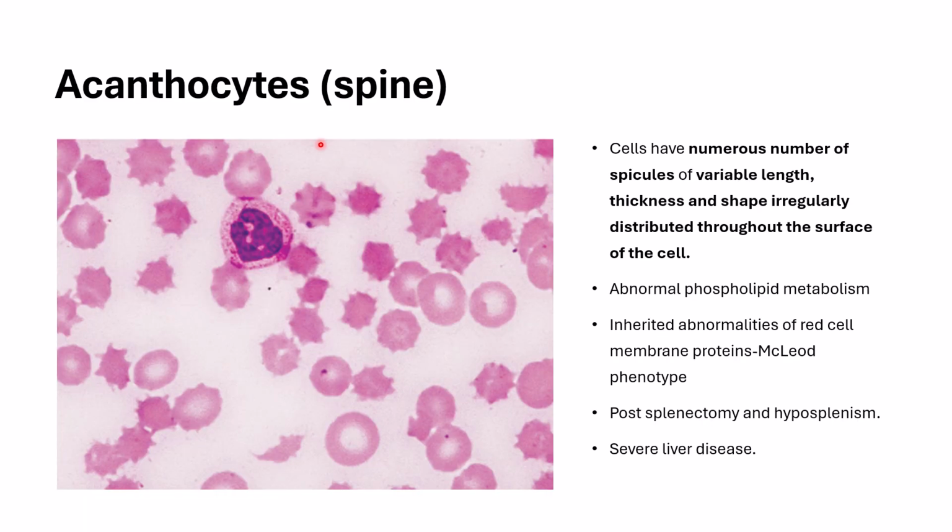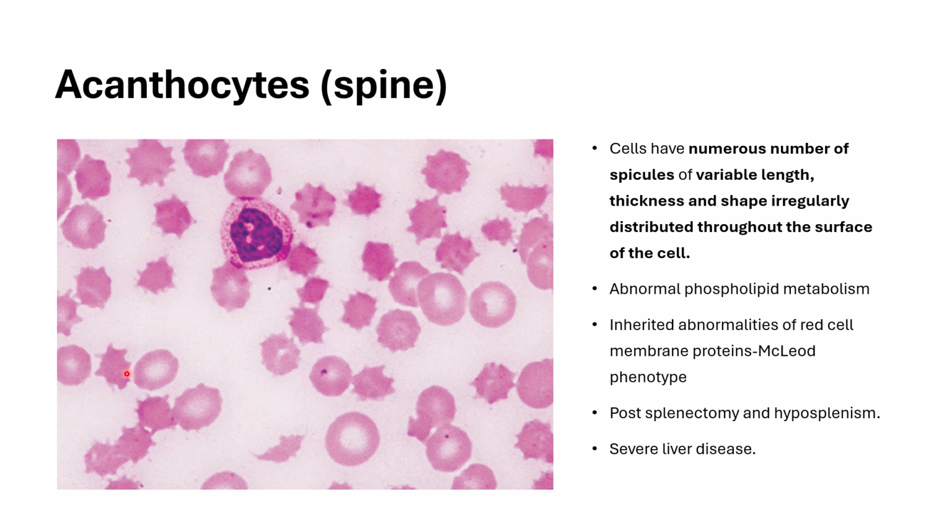Further talking about acanthocytes or spur cells, they have numerous spicules of variable length and thickness distributed irregularly throughout the surface of the cell. So they are of variable size, variable length, variable distribution, and it's present in multiple cells, not on one or two cells, because that can also be an artifact.